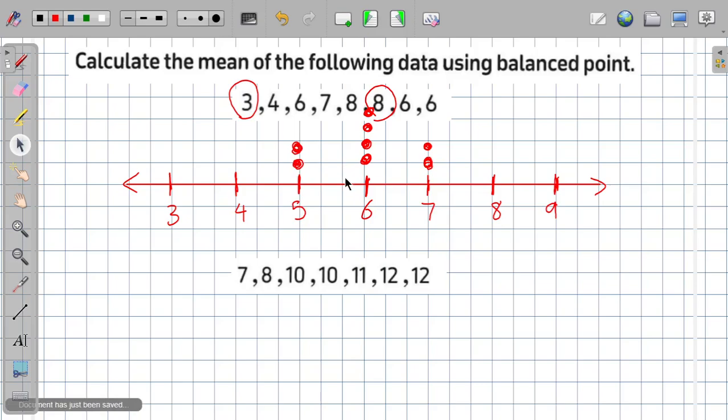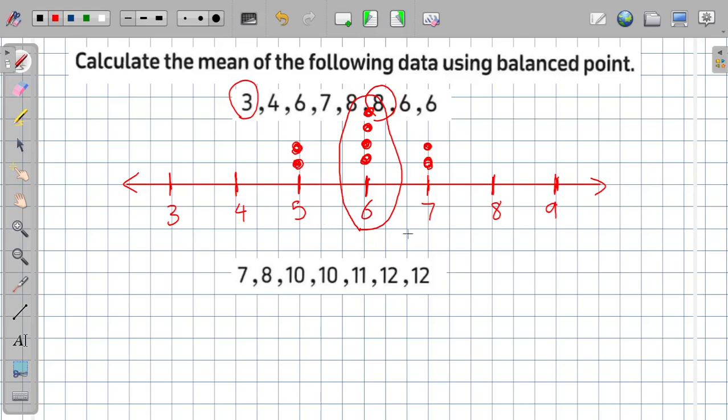So I see that 6 is now the balance point of this data set because I have 4 points at 6 and 2 points on the right and 2 points on the left.